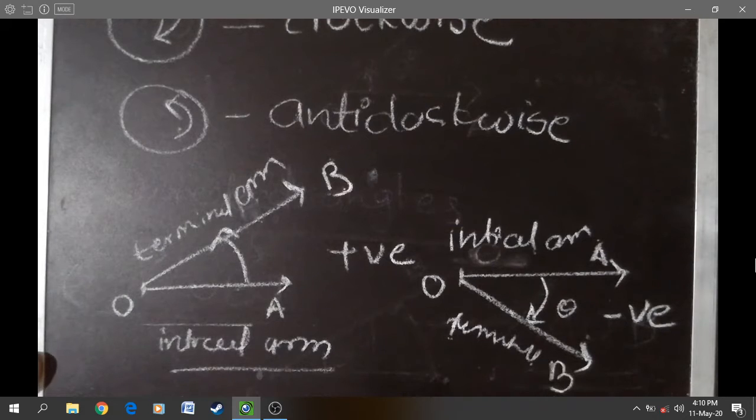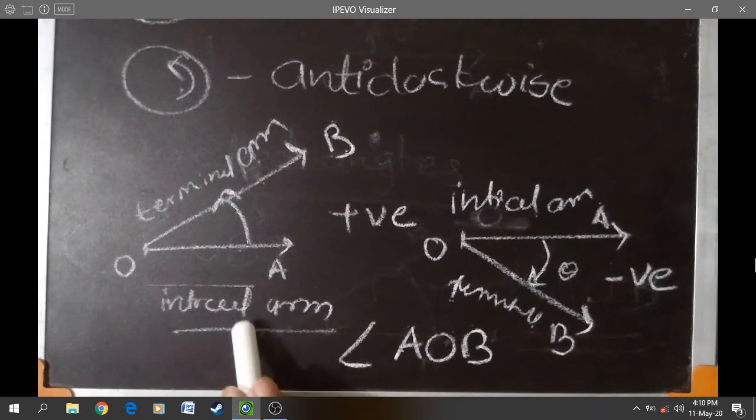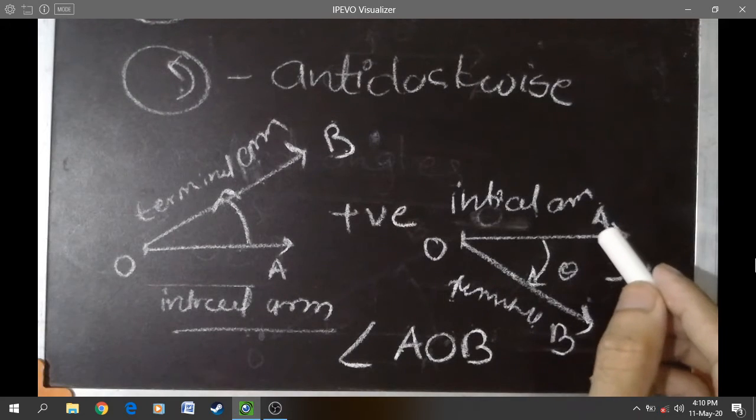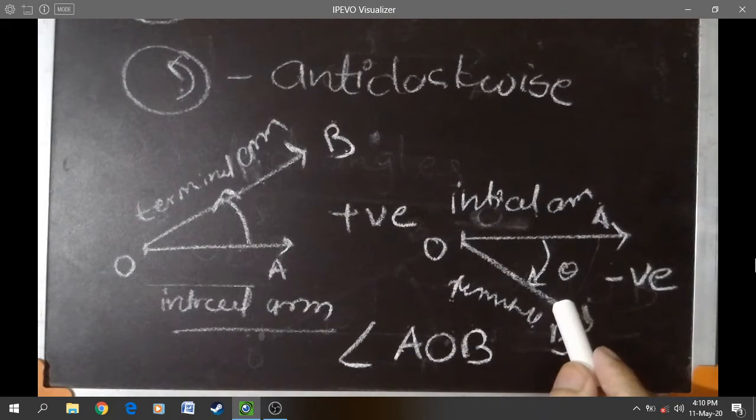So both these angles are called angle AOB, but this one is positive and this one is negative. Why is this one negative? Because OA is rotated clockwise, and here OA is rotated anticlockwise. So these are the angle formations of directed angles.